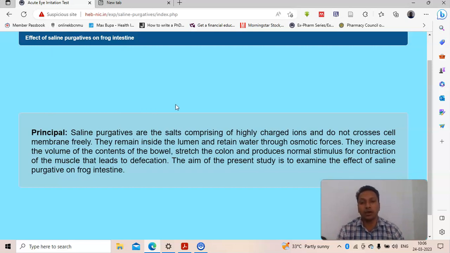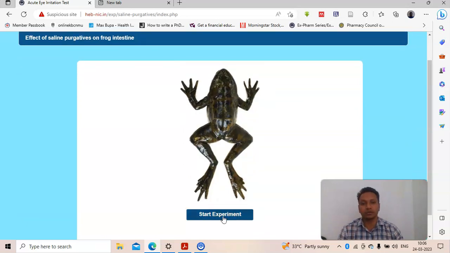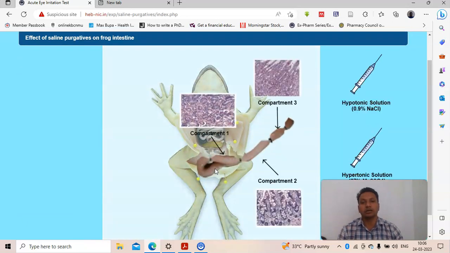So what we have to check is whether our drug possesses purgative action or not. So let us see the experiment here. We have taken the intestine and divided it into 3 compartments. Here you can see compartment 1, compartment 2 and compartment 3. We have tied it with knots of different colors of threads, and we are now going to inject the hypotonic solution into the first compartment.